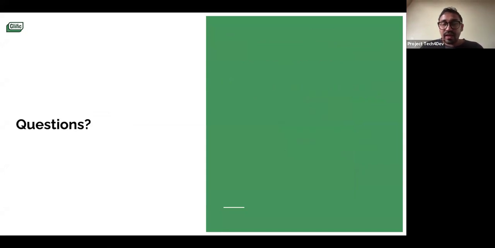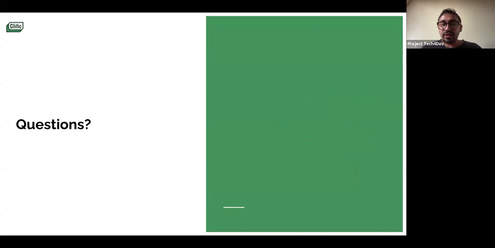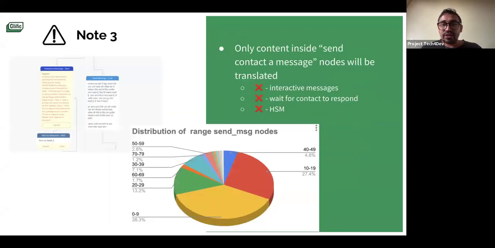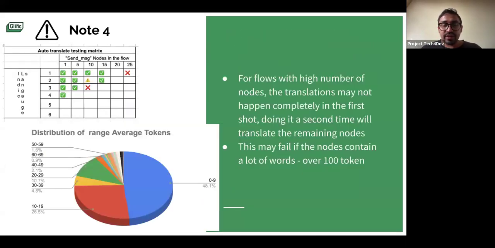So those are the major chunks. One thing that I missed sharing is over here. The way we have designed the translation is, when there is a large number of flows, messages and nodes, sometimes it may not happen in the first shot.